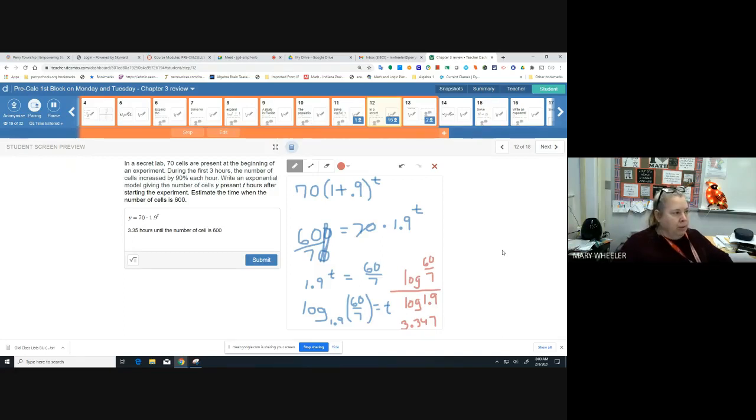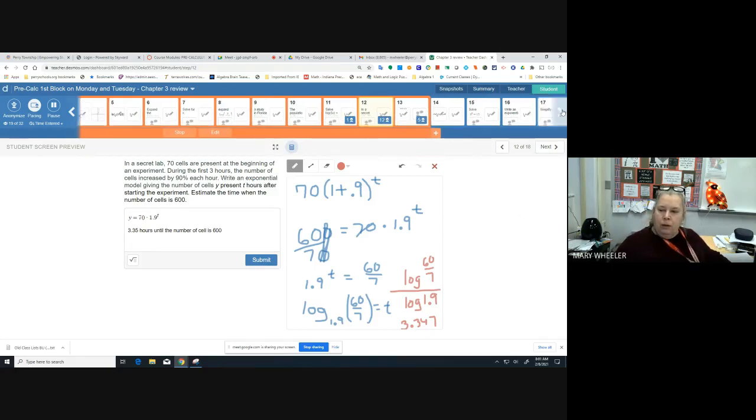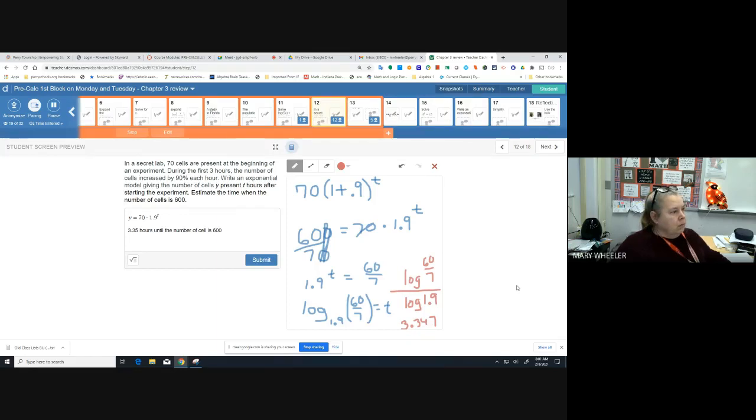I like that problem. Give people a chance to finish that up before I go to the next one. I did open the next one up if you want to try and work a little ahead on that one.